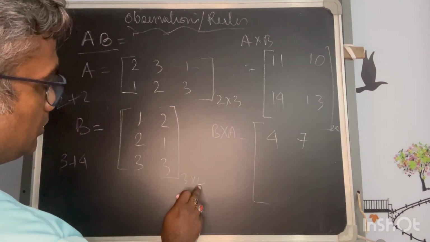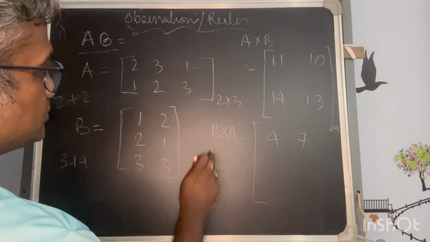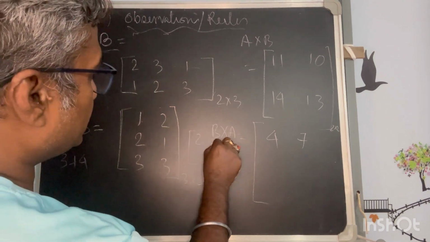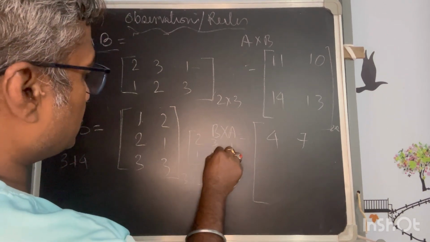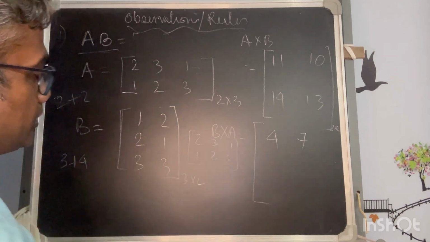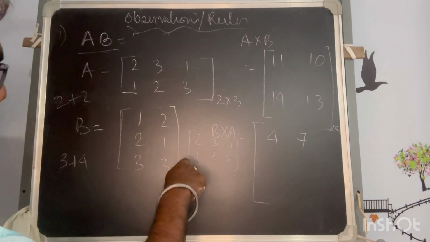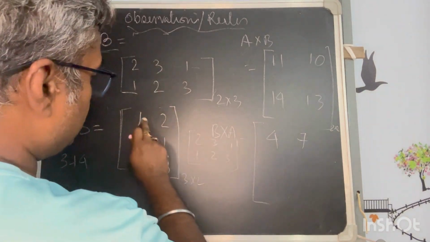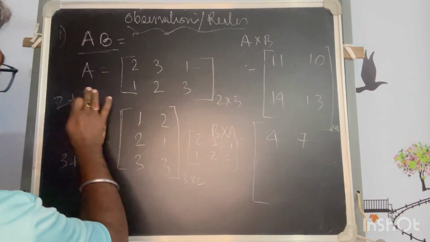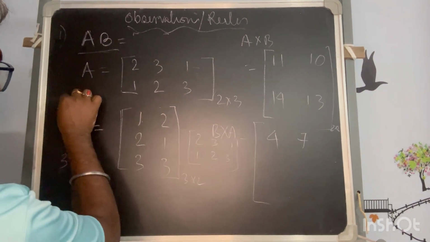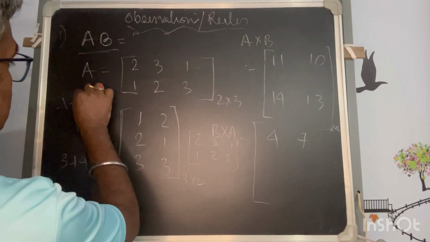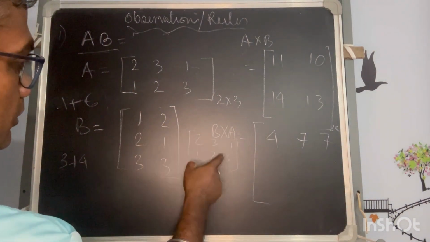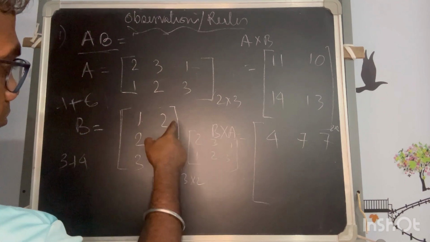So that means column of the first, row of the second is okay. So if I put it here, let me put it exactly beside this so that I can understand. This into this multiplied, this into this multiplied, and the third one has to be multiplied this into this. So then that is equal to 1 plus 6. So that means 7 also will be there. 1 into 1, 2 into 3, 6. So here 3 plus 4.